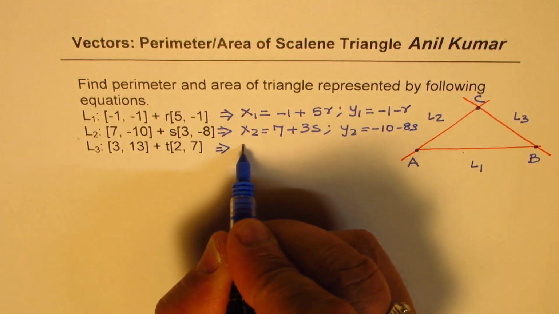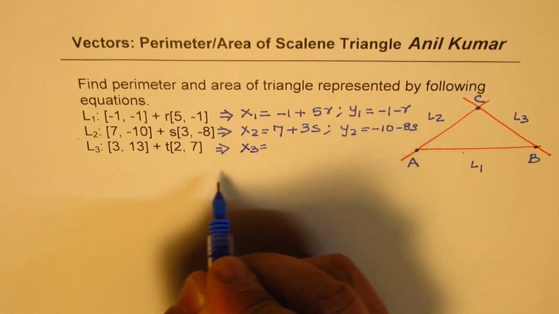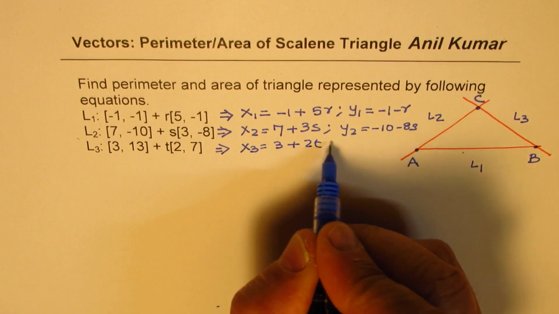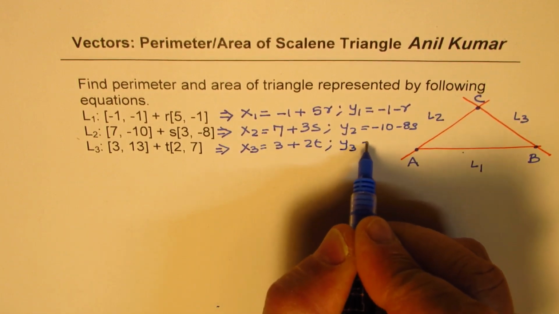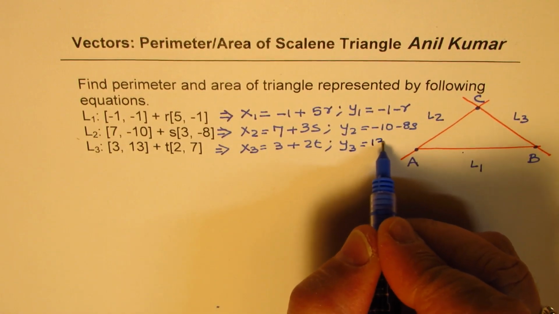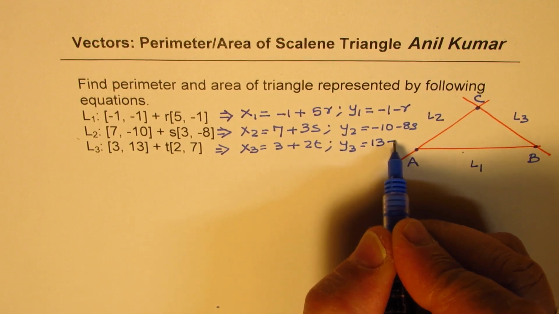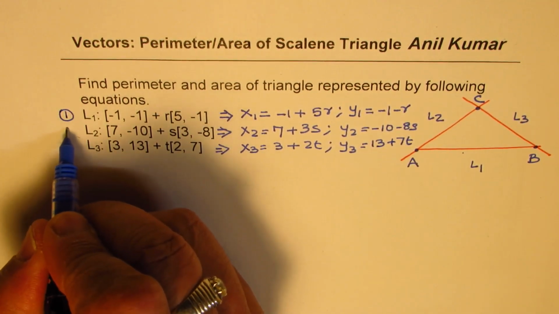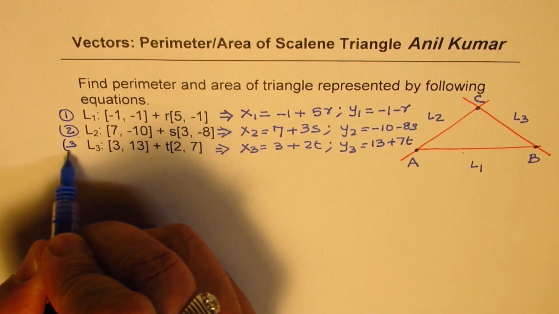And for the third equation, we could write this in parametric form as x3 equals 3 plus 2t, and the y value is given by 13 plus 7t. Let's number these equations as equation 1, 2, and 3.